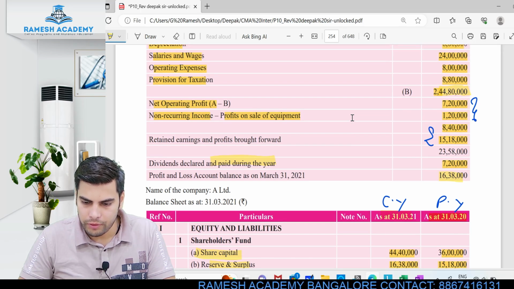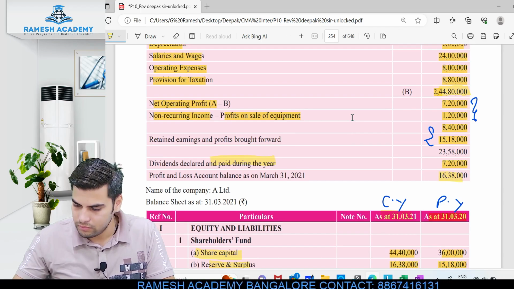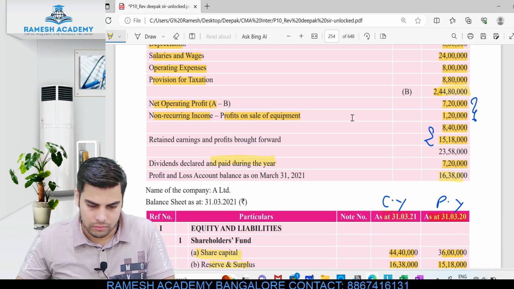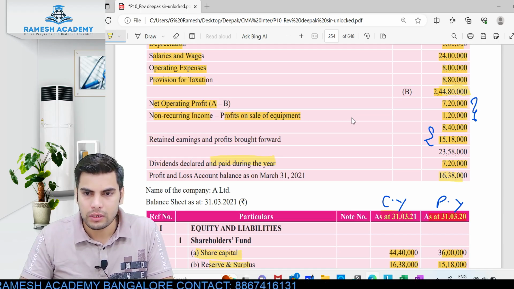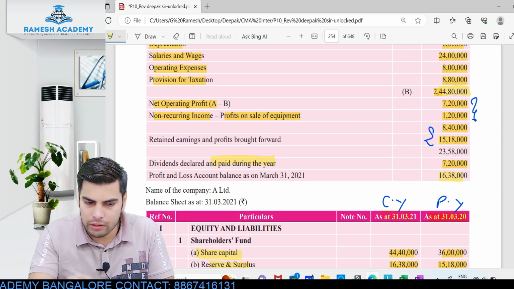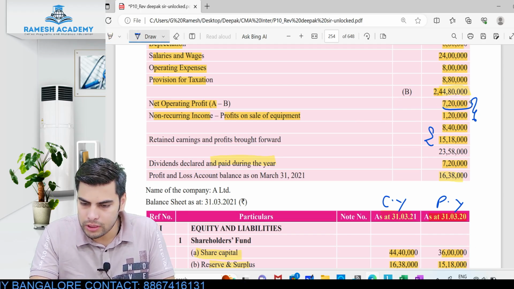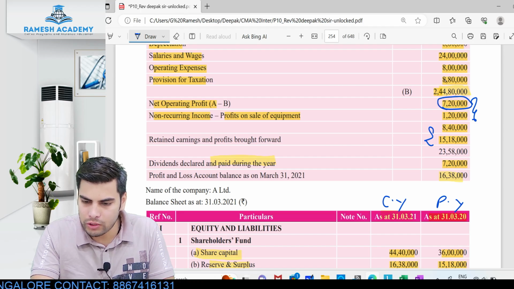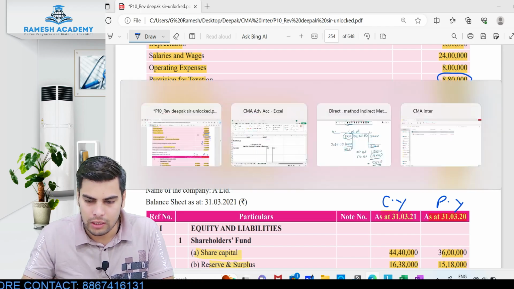Look at the net profit. How much is it? So it would be this amount. Okay. So net operating profit they have given 7,20,000 rupees. Before tax is what we require. So we'll just be adding this particular tax amount.